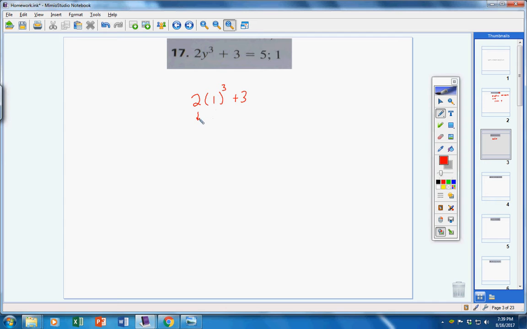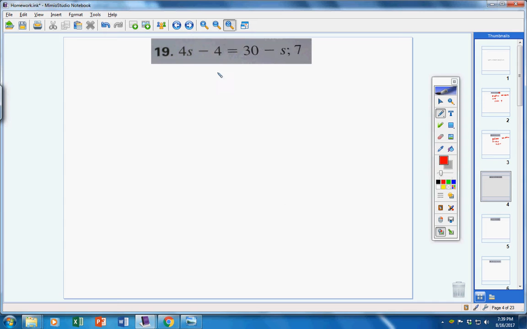So bring down your 2, multiplication dot, 1 to the third power. 1 times 1 times 1 is 1. 2 times 1 is 2. Plus 3 is 5. 5 equals 5. That's true. So yes, 1 is a solution to this equation.